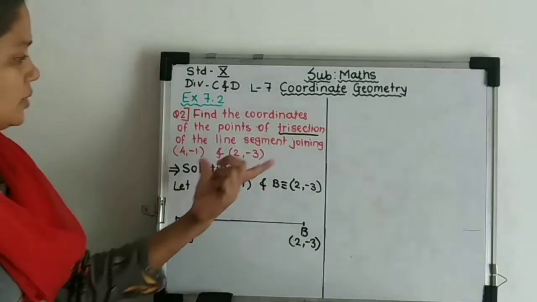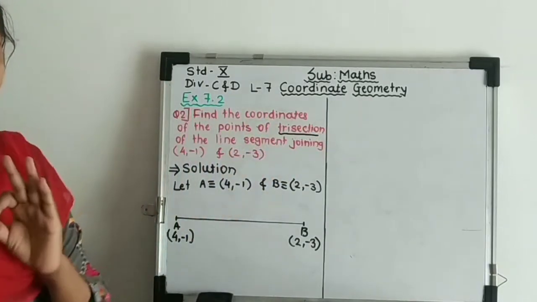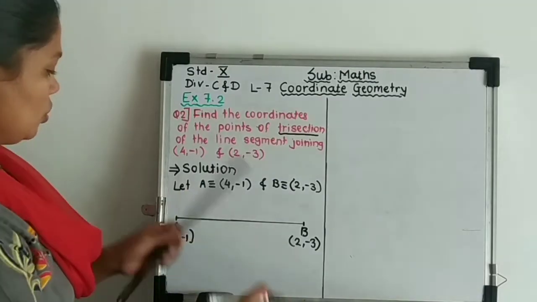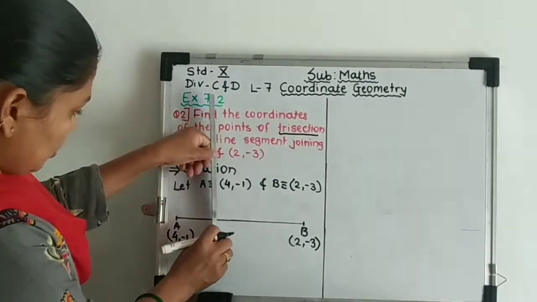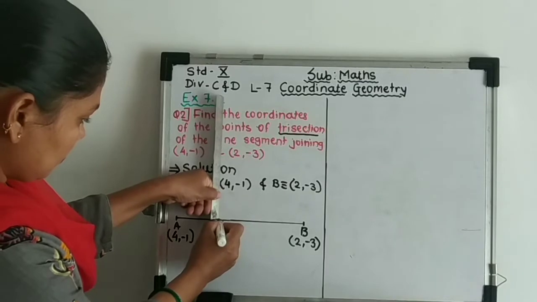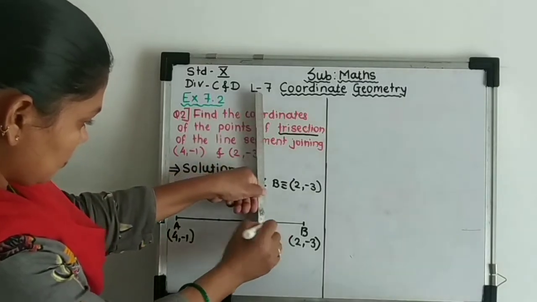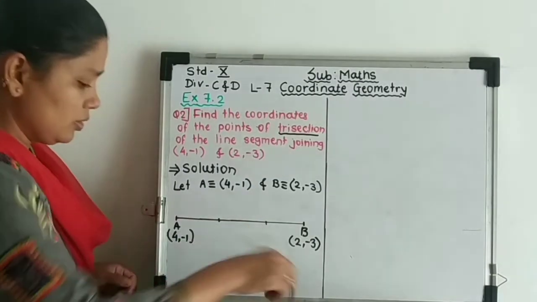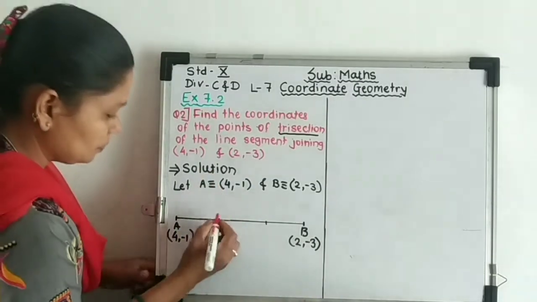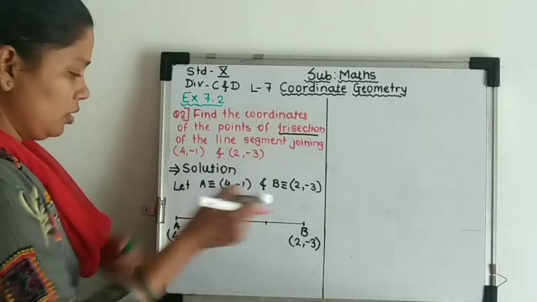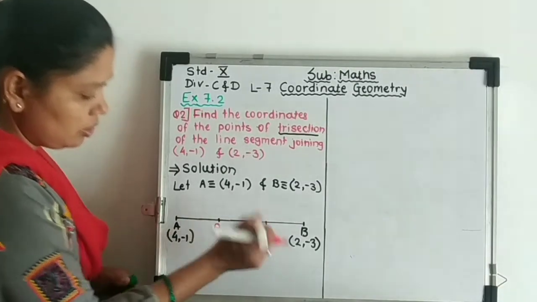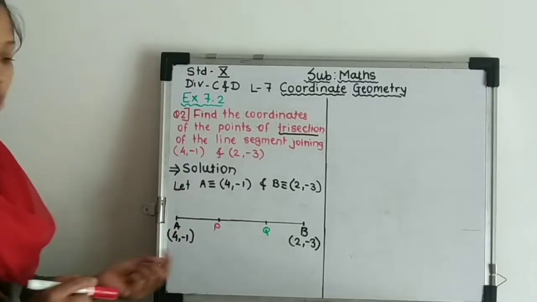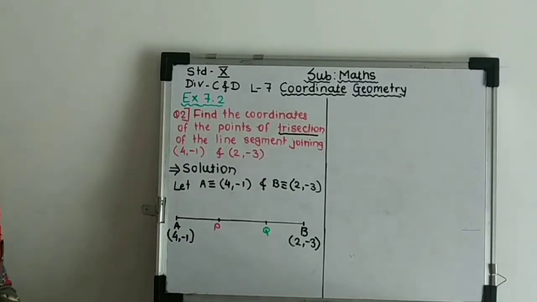Now the line segment has got divided into 3 parts. Those 3 parts I'll show here likewise. We will take those points as P and Q. Now let us write down their coordinates.